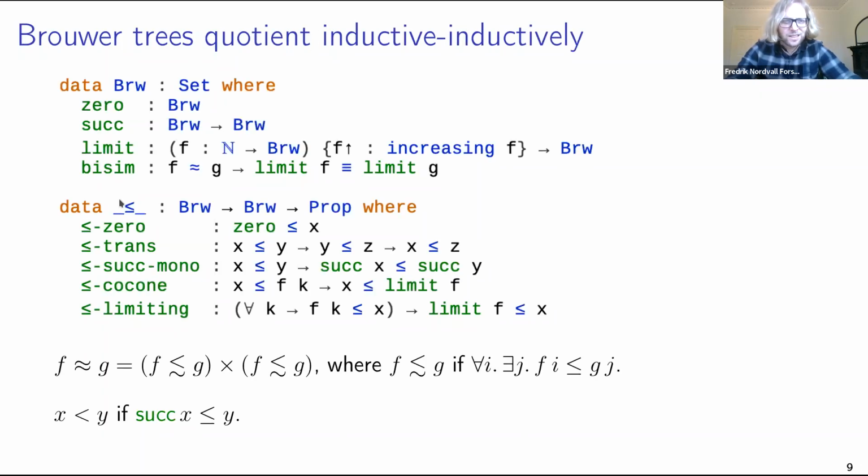Okay, so we have this definition of the less than relation, but it's not very easy to work with, right? Partly because if you do this in Agda, then Agda is not as clever as it could be about ruling out impossible cases.